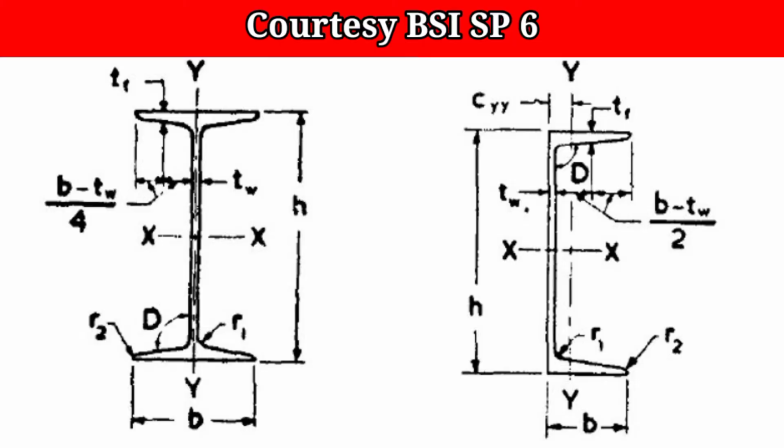It has something called toe radius, it has something called a root radius, and there are other slopes in the section. If we use the rectangular approximation to calculate the cross-sectional areas of those sections, there would be a degree of error in the cross-sectional area calculations.